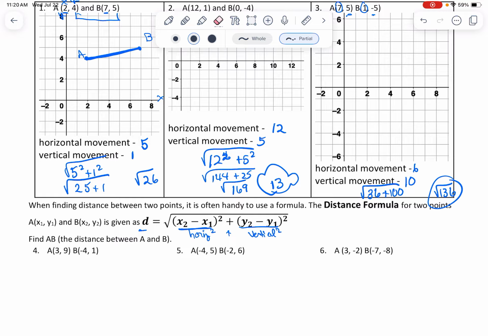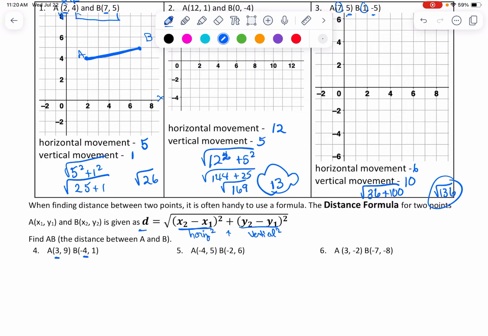It also helps to learn order of operations, so there's nothing wrong with using that formula. But if you see that you need to find the distance between A and B, and remember that when we say AB with no segment or line on top, then it's the distance between A and B. If we need to find that distance between them, we need to know how much do we move horizontally. Well, the changes in the x's is between 3 and negative 4.